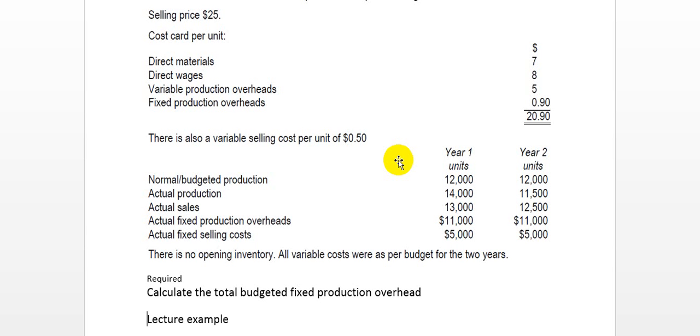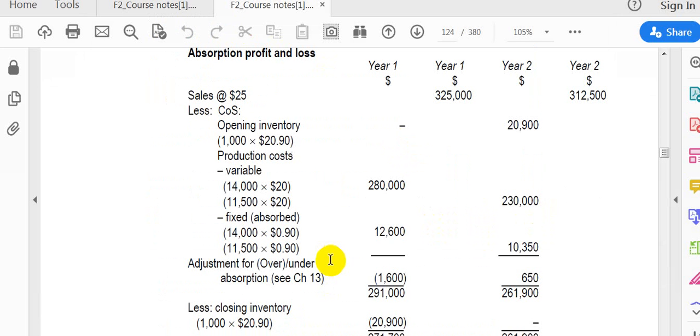The selling price is the same, the number of units sold are the same, so we still have 25,000 units times 13,000 units in year 1 as being sold, which gives us 325. We still don't have opening inventory. Our production costs is 280,000.